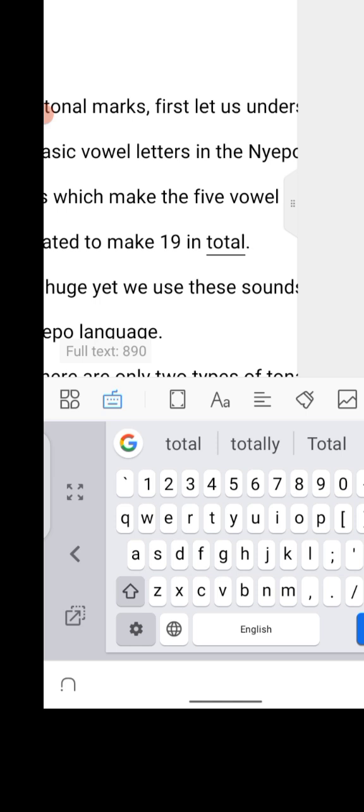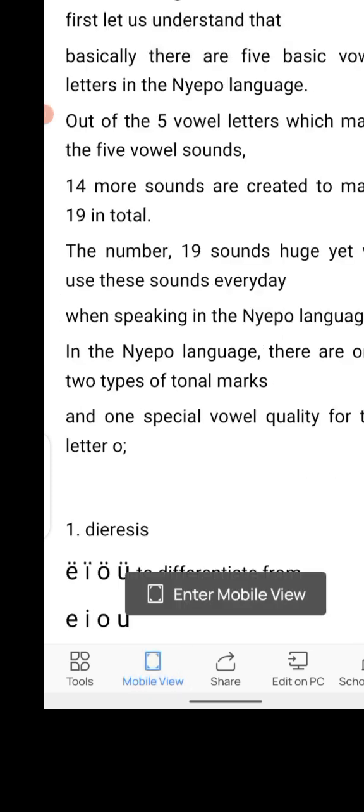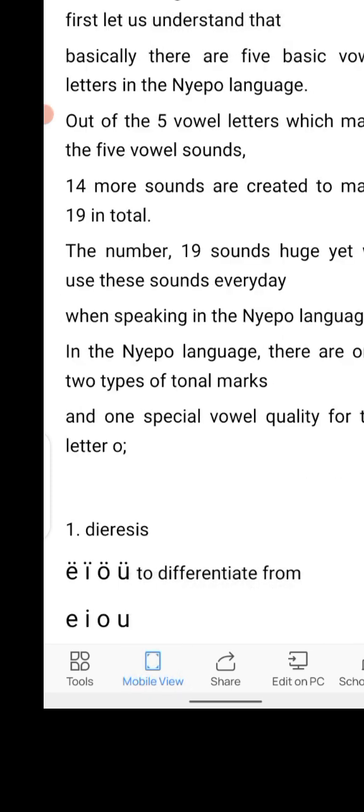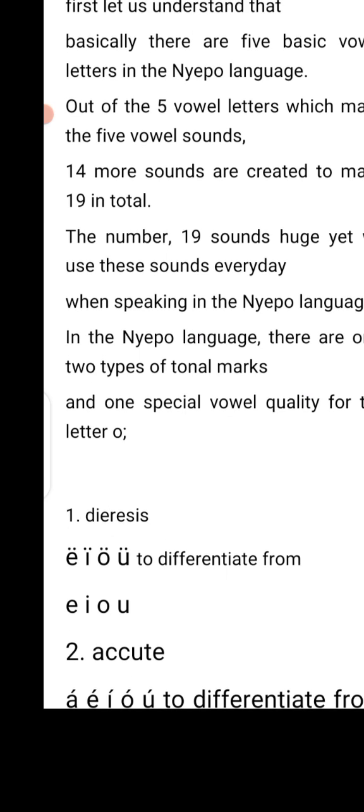This is something that we should be mindful of, because previously when we were talking of the Bari language, we are presented with only 6 vowel sounds, which are inadequate to put down the Nyepo language.